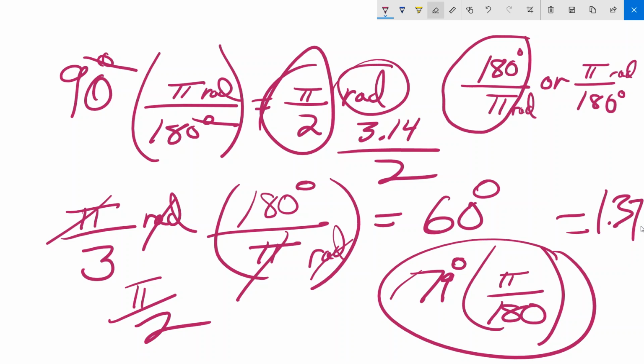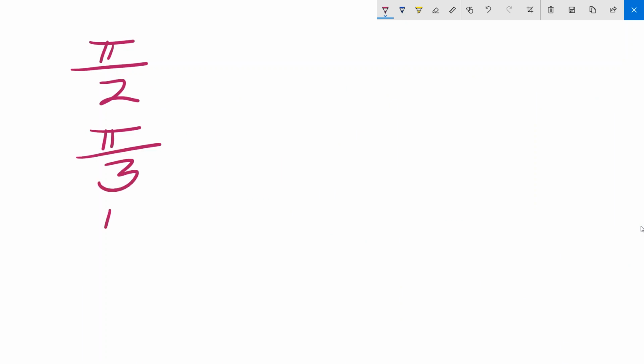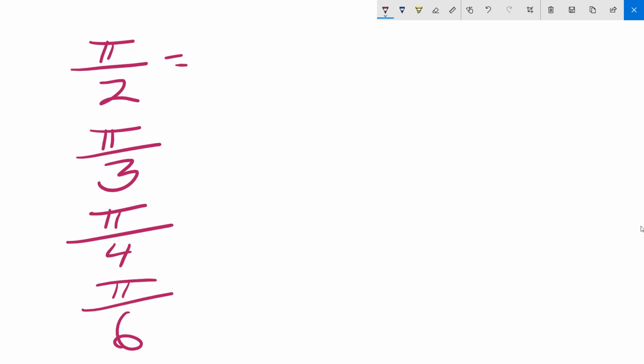Now, I want to help you, so pay very close attention to this. These are the important ones, the ones that you need to memorize almost. Pi over 2 is 90 degrees.